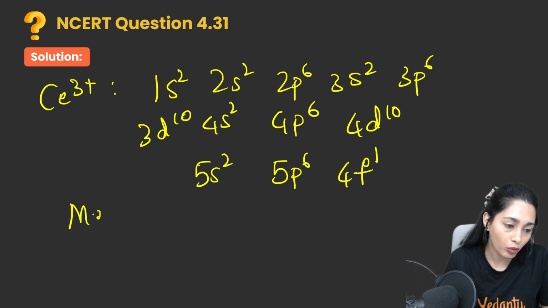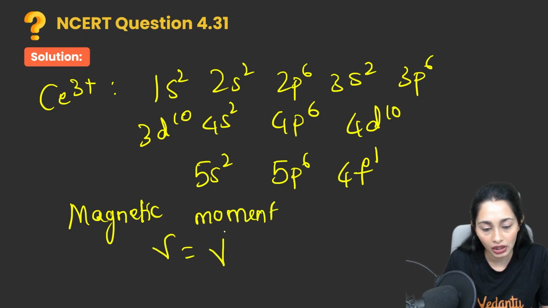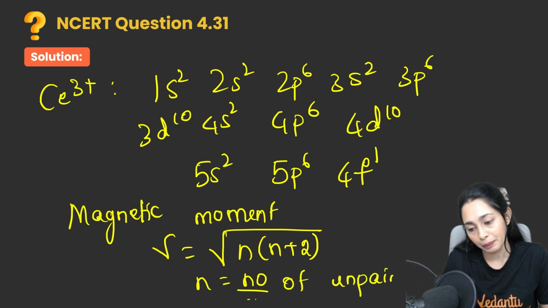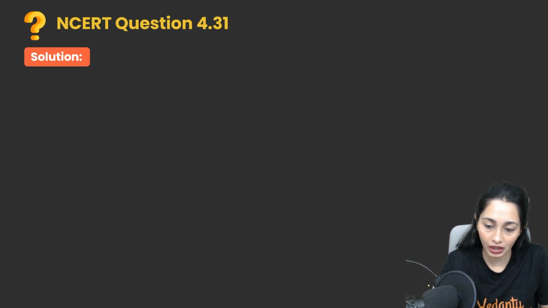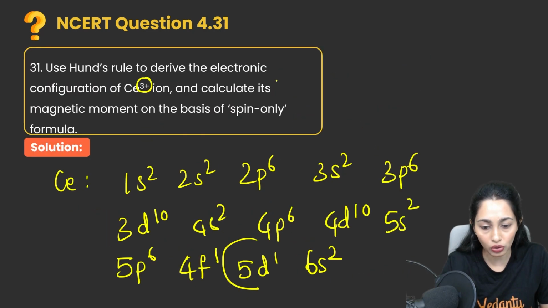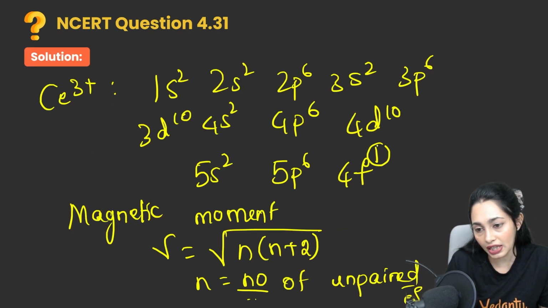So the magnetic moment can be calculated using the formula mu equals root of n(n+2). What is n? n is the number of unpaired electrons. In the case of cerium, the number of unpaired electrons is 1, because we have removed 3 electrons.